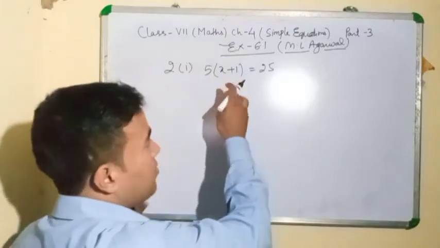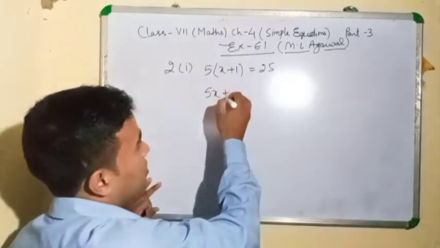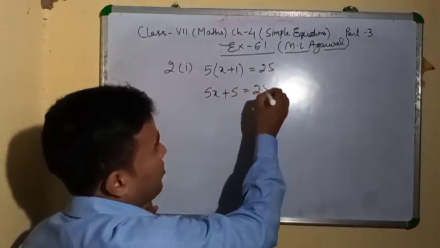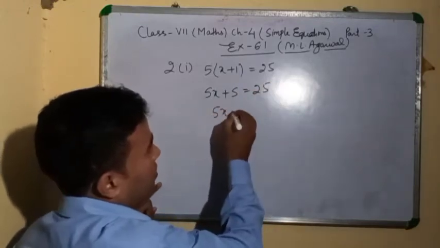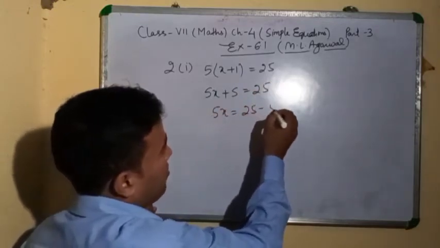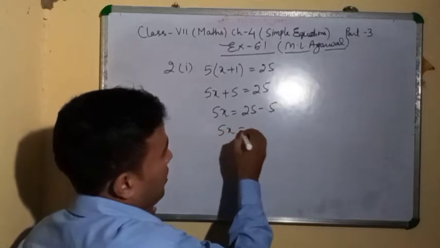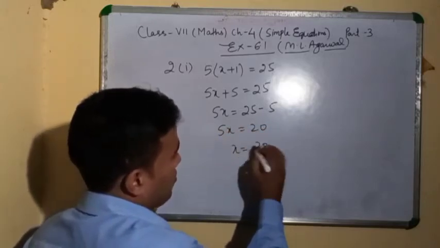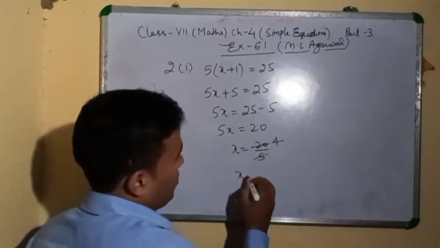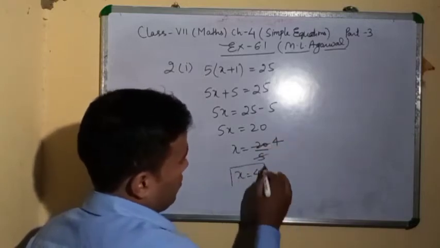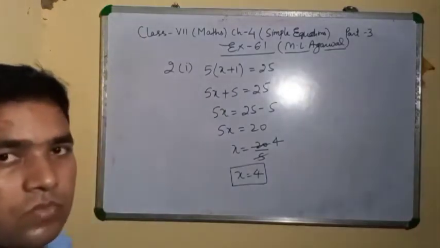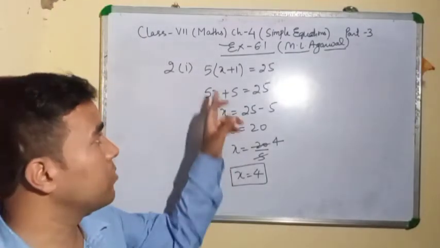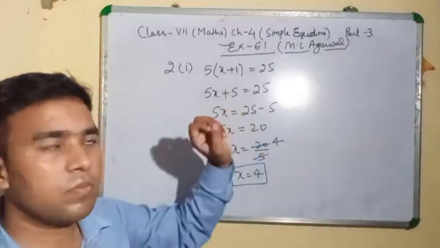Multiply from 5: 5x, 5 1s are 5, equal to 25. Then 5x equal to 25 minus 5. 5x equal to 20.